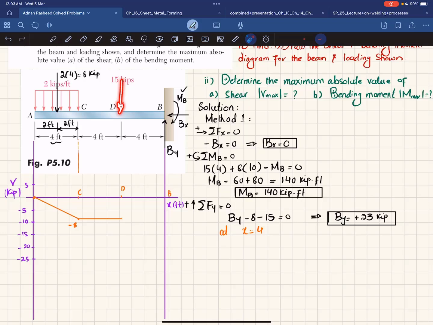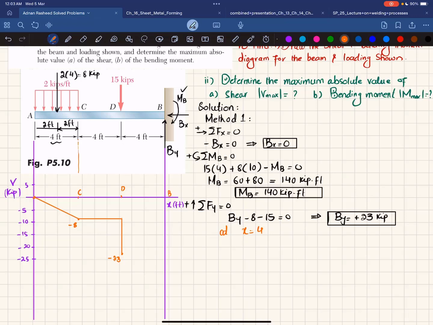So minus 15 and minus 8 will give you minus 23 kips. So shear force will change from minus 8 to minus 23. So let's say minus 23 is somewhere here. This is your minus 23. Okay. So shear force will change from this to this.